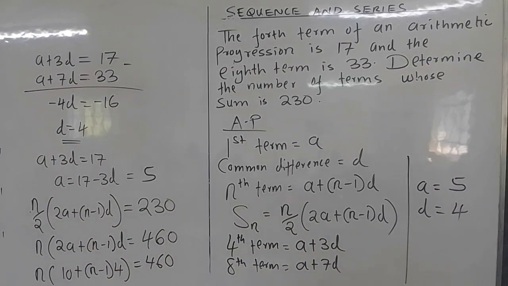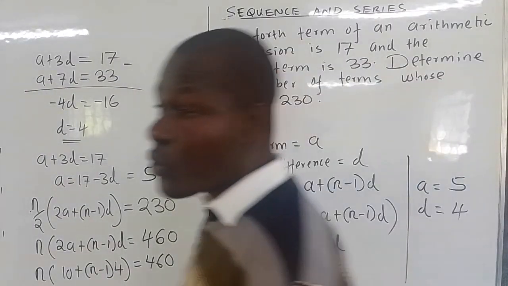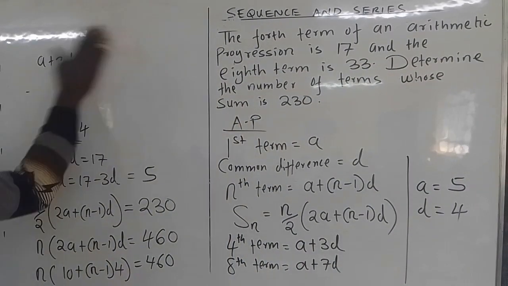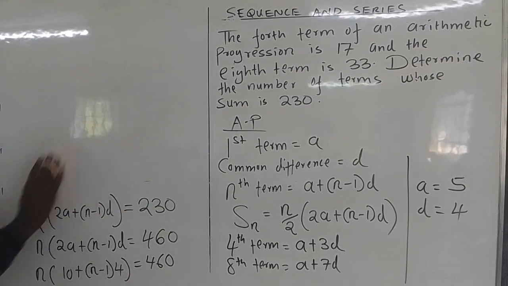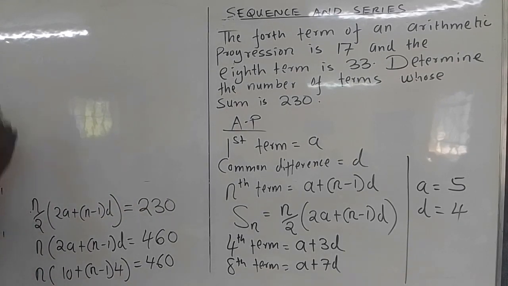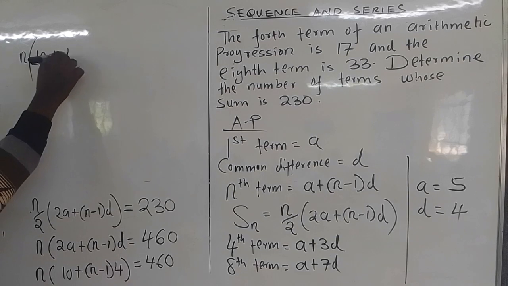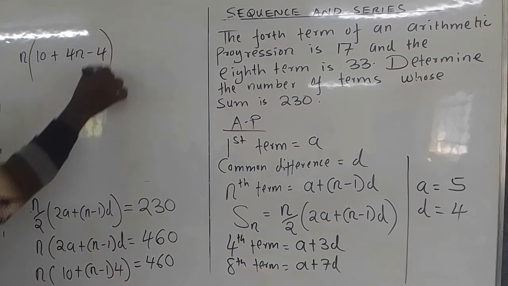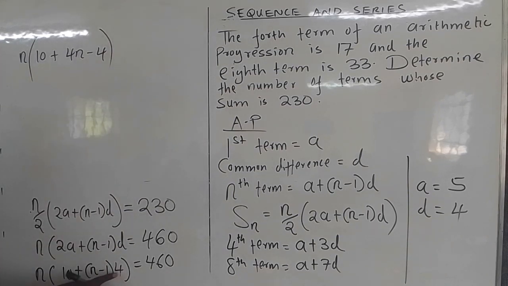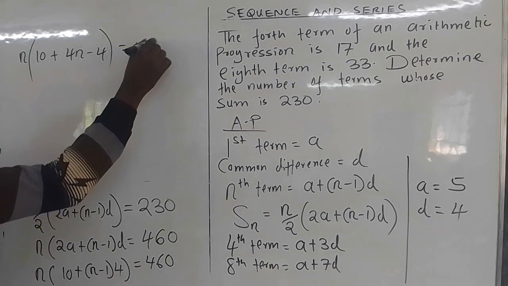So you can see it is going to be a case of a quadratic equation, isn't it? It is a quadratic equation. So here we'll have n into 10 plus 4n minus 4, because this is 4 times n, 4 times negative 1, isn't it? To be equals to 460.